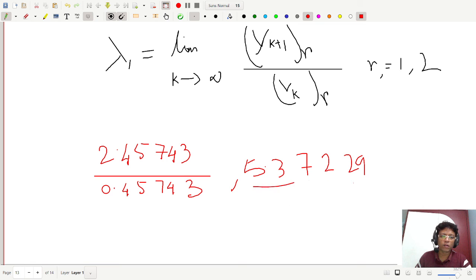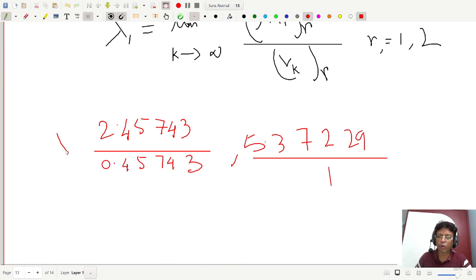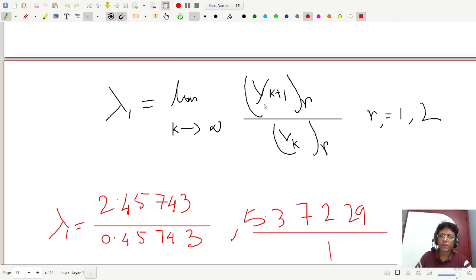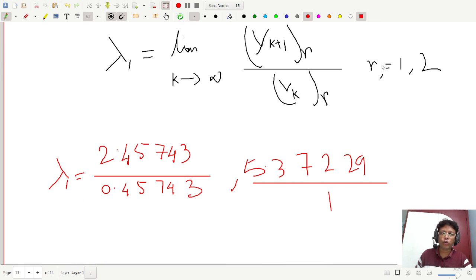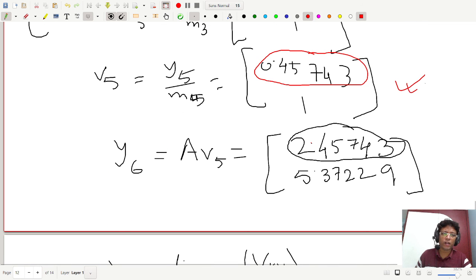Both are lambda 1. So using the formula y(k plus 1) by vk, that is y6 by v5, for r equal to 1, 2, because you have two components. Okay. Clear, everyone?